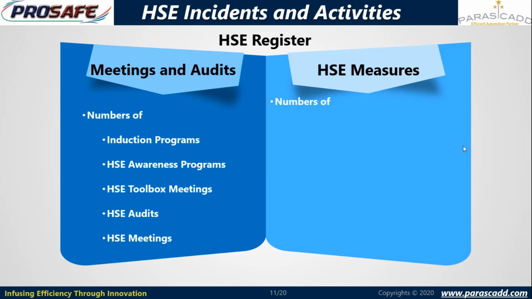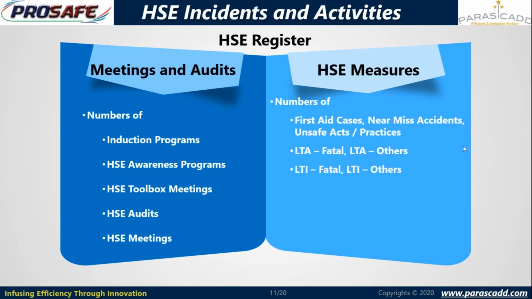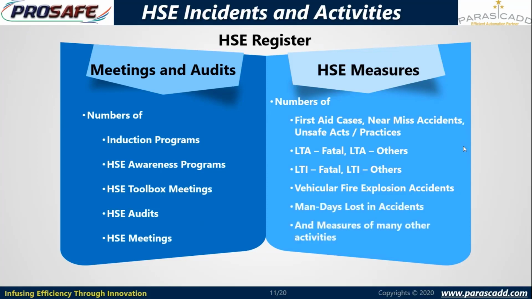HSE measures contain first aid cases, near miss accidents, unsafe act practice, LTA, lost time accident fatal, lost time accident other, lost time incident fatal, lost time incident other, vehicular accidents, fire explosion accidents, man days lost in accidents, and measures of many other activities.